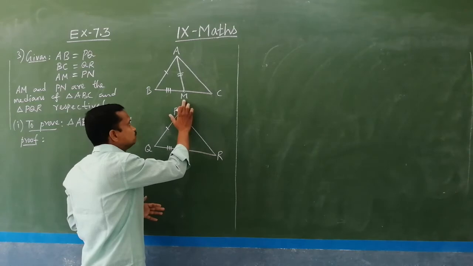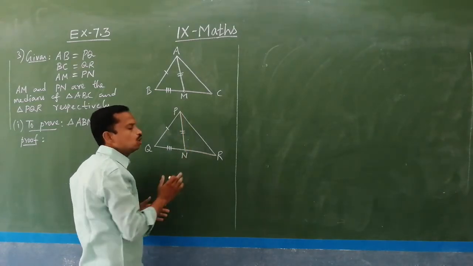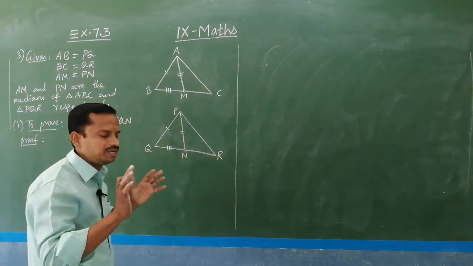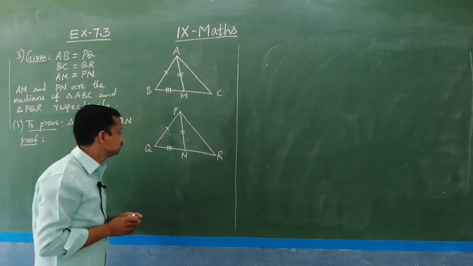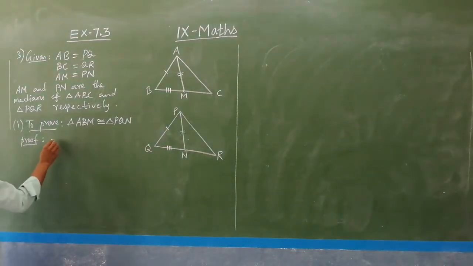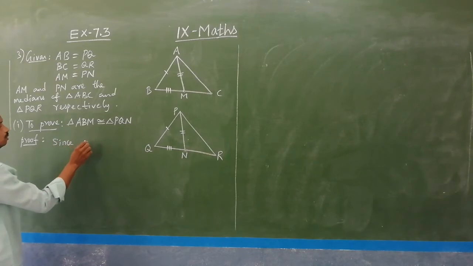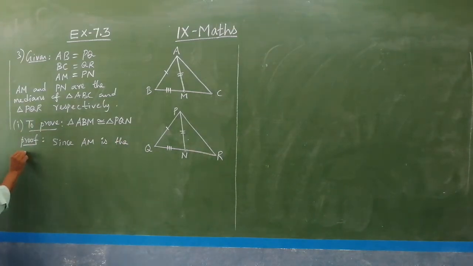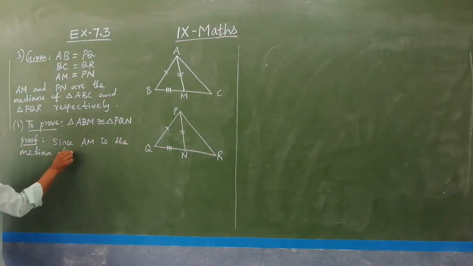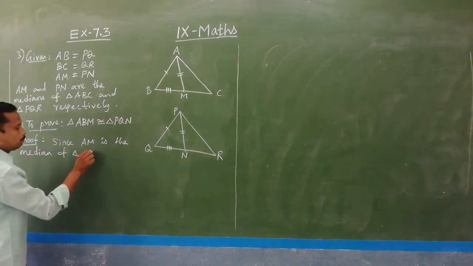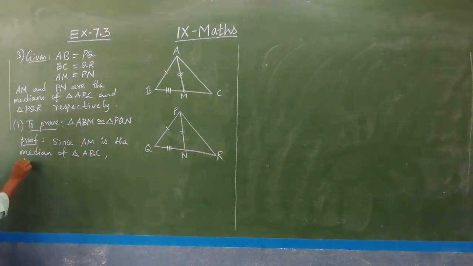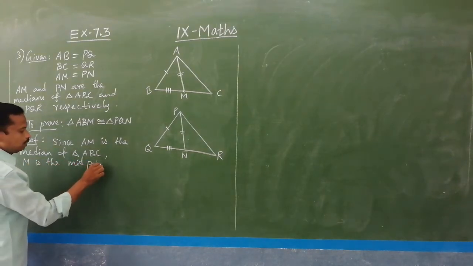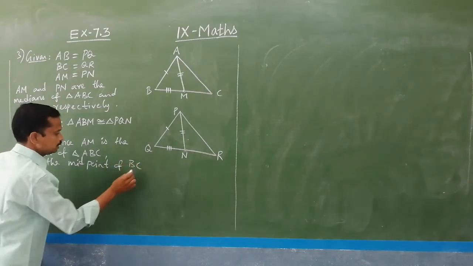So M is the midpoint of BC and N is the midpoint of QR. Only then, if you join the midpoint and the vertex, you get a median. First of all, you should know what a median is. Okay, so in the proof part, since AM is the median of triangle ABC, M is the midpoint of BC.